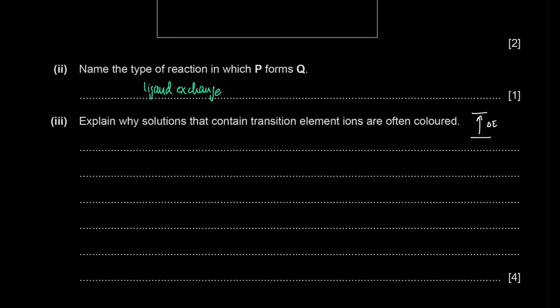So here what we can say is that the d orbitals are split into two different sets with different energies.